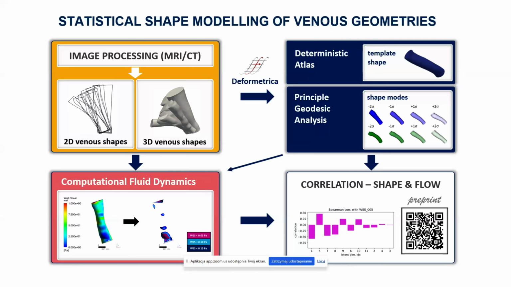There we're using 2 steps: deterministic atlas, which computes a template shape for a given set, and then the template is used when running so-called principal geodesic analysis, which decomposes our set of shapes into shape mode components. At the end, we correlate computed flow metrics and shape modes.